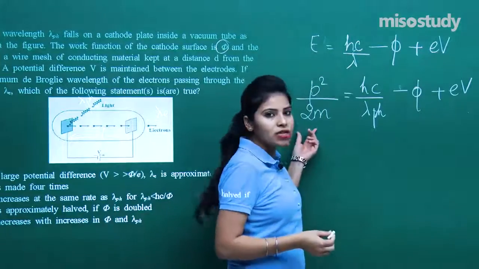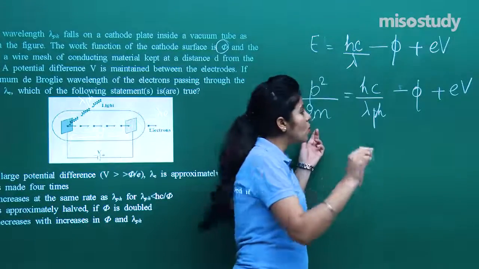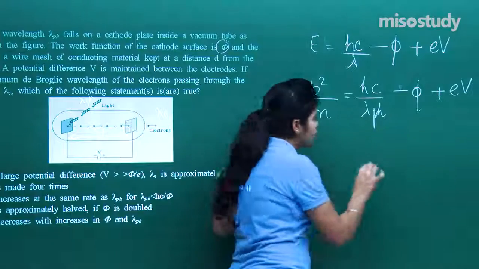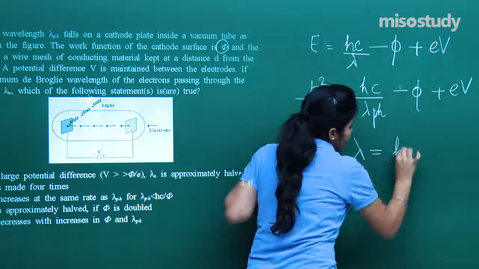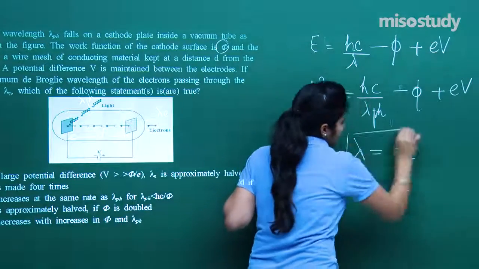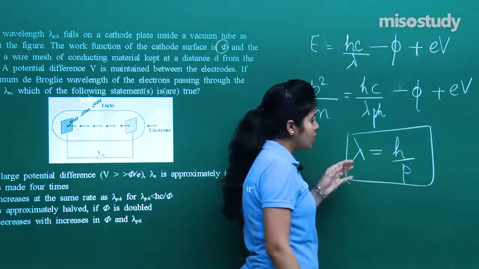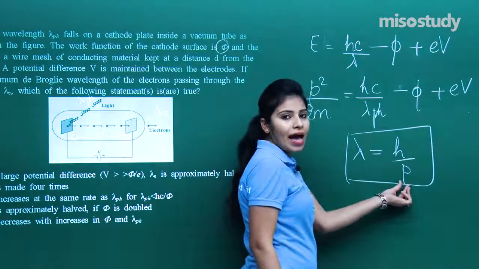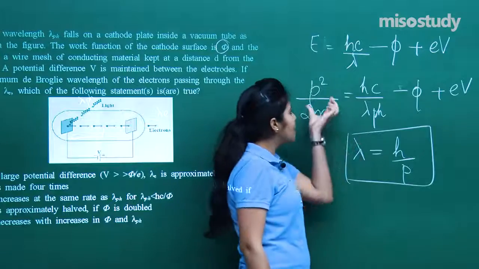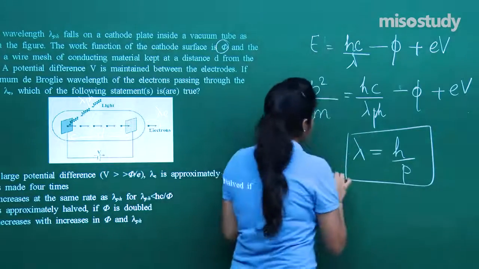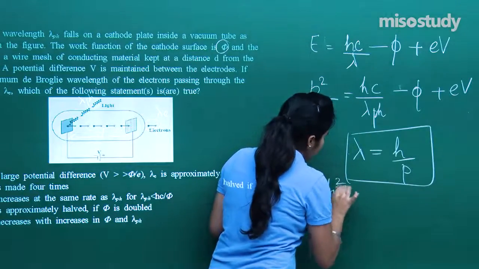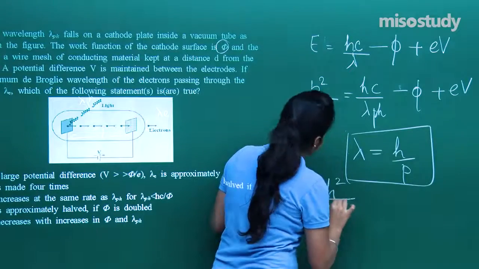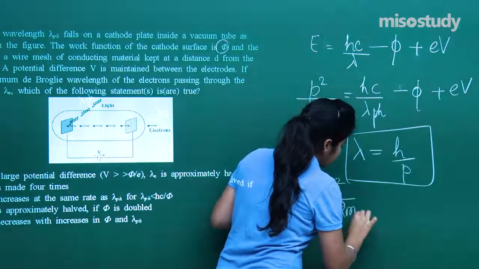We have p squared by 2m. You know that there is a relation of de Broglie wavelength, h by p. This is the de Broglie wavelength. So we can write this p as h by lambda e in place of p. So here p squared will be h squared by lambda e squared, into 2m.